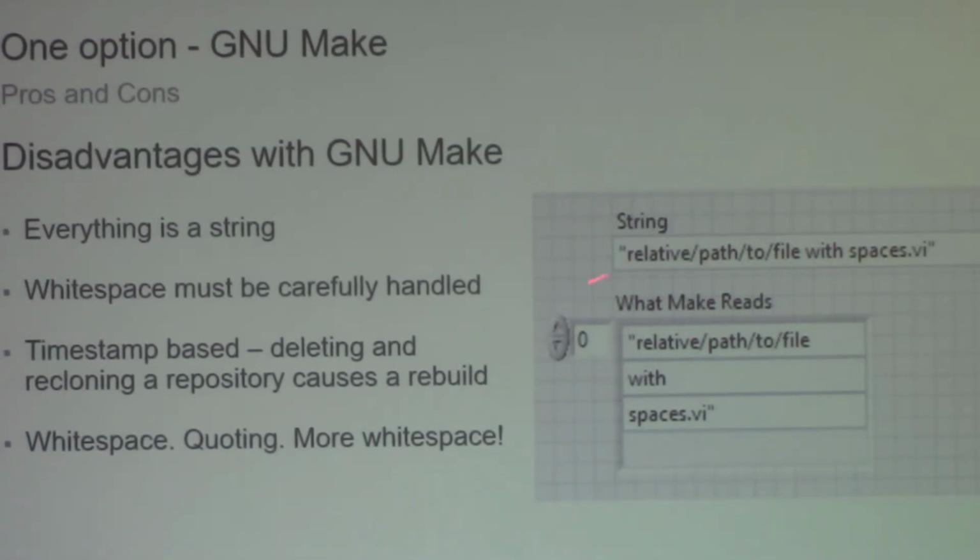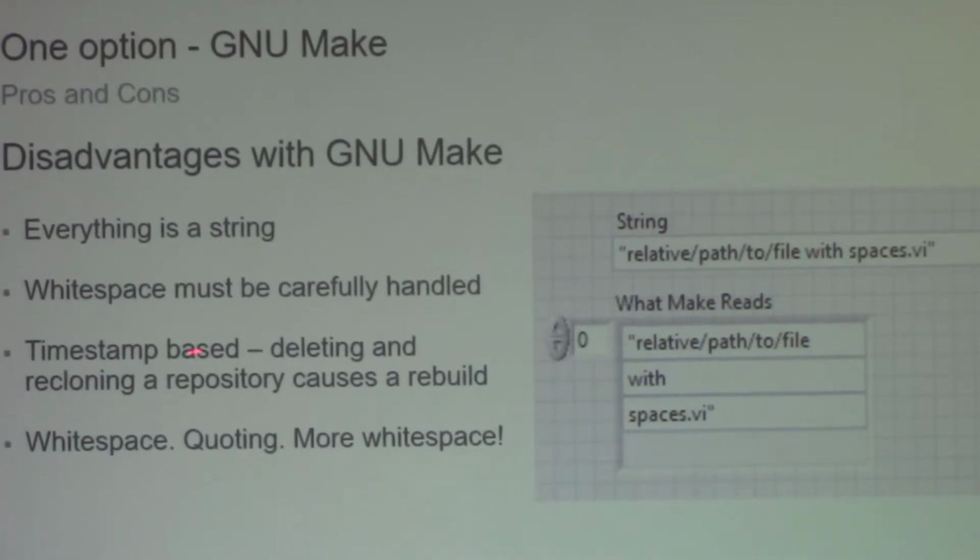You think, oh, I'll put it inside quotes, that's going to be great. And then what make reads is this, and then this, and then this. And then you have a list of 3 files, none of which exist on your disk. And you can get around this with those escaping functions, but it makes it quite hard to read your make file, because now you're like, oh, let me try and debug this, let me print it to the output. When it prints, did it include all of the escaping characters, or were some of those removed when I printed?